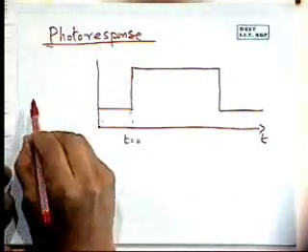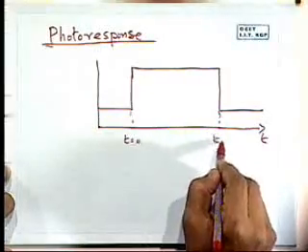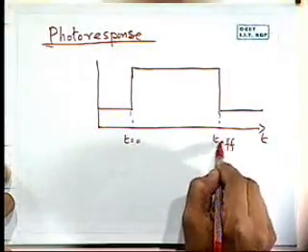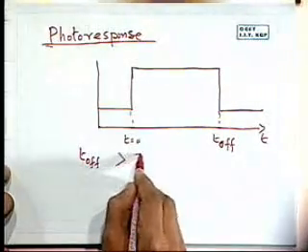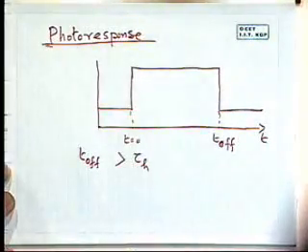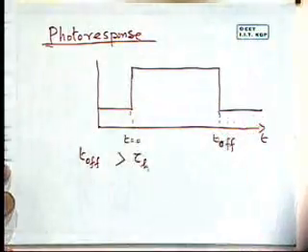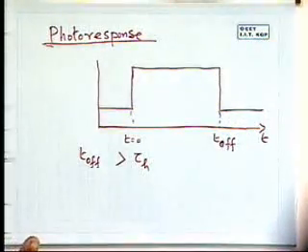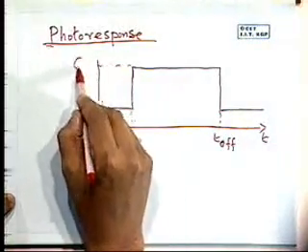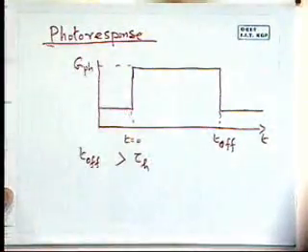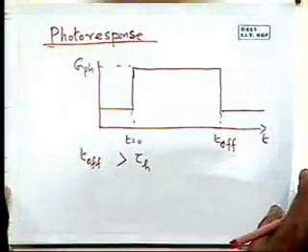All of a sudden it's on. And then we turn it off at some time t off, where t off is greater than tau h. So it's gone past the minority carrier recombination lifetime. This is a measure of the G that is being used, the rate of generation of minority carriers.